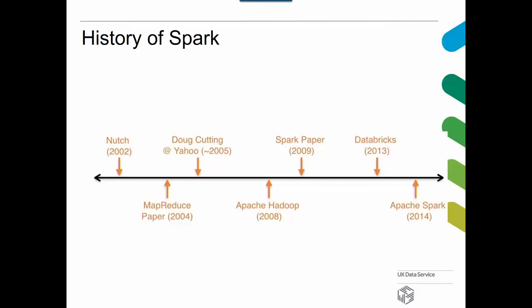It was also about that same time handed over to Apache to distribute Spark under an open source license. So when we use Spark now, we download it from the Apache site, but a lot of the development work is still undertaken by the people at Databricks, and all the original founders of Spark, I believe, are still there.